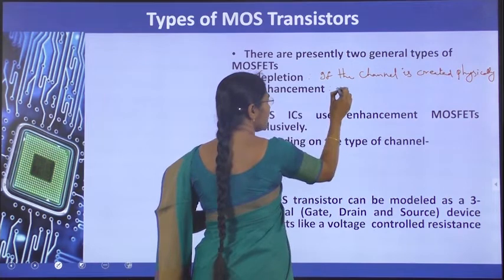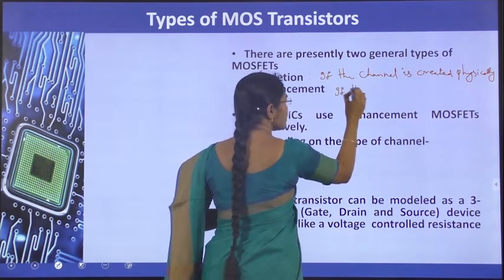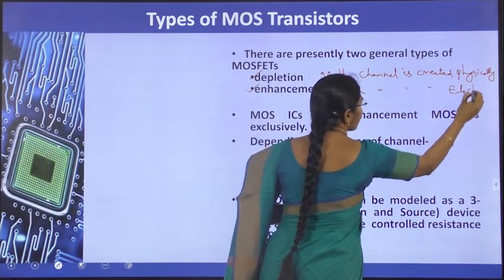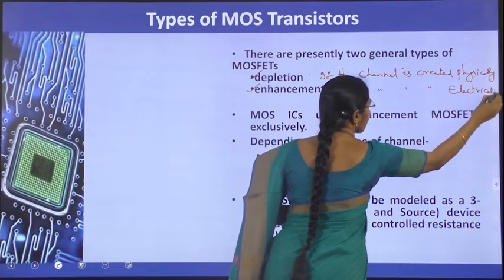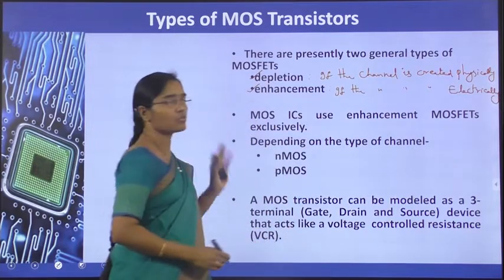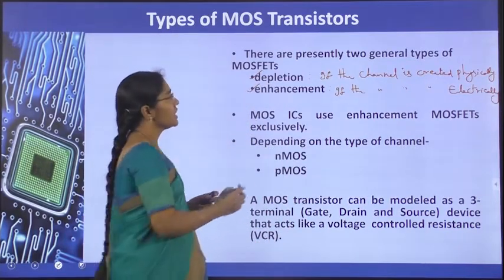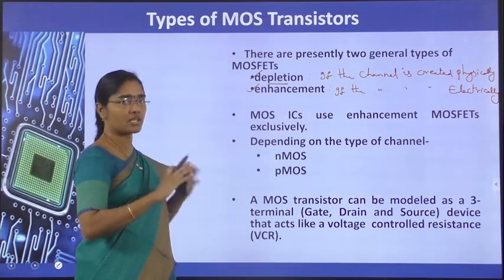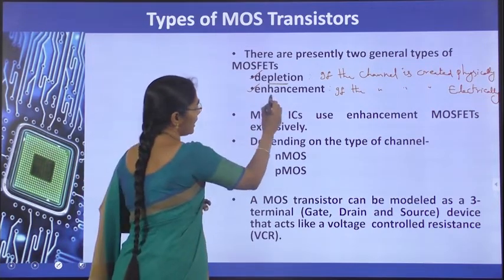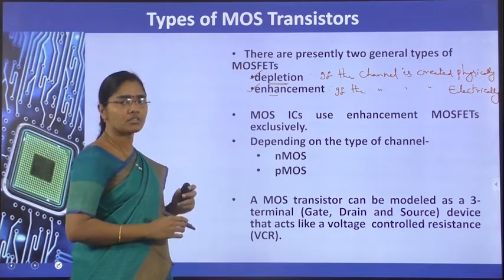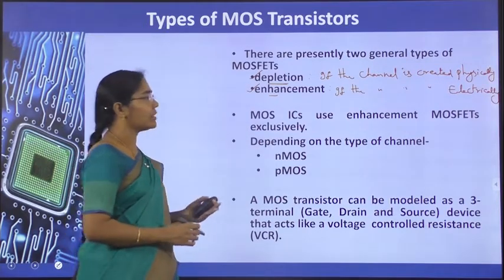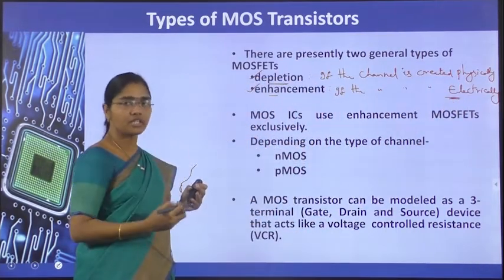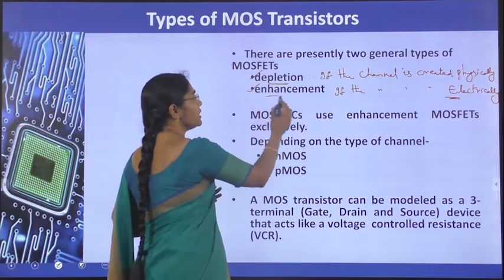And enhancement means if the channel is created electrically, then that is called as enhancement mode MOSFET. In the sense, at the time of the fabrication itself, the depletion mode transistor is having a channel, and enhancement mode MOSFET means after fabrication, by applying the voltages at the gate terminal, the channel is going to be created.